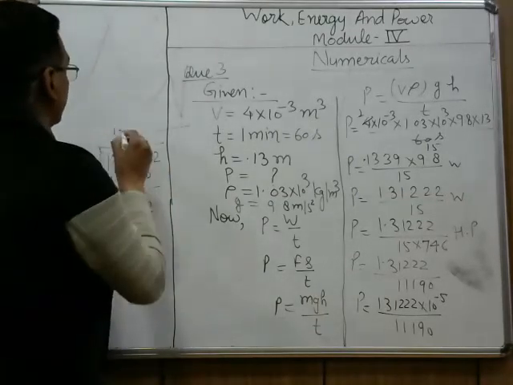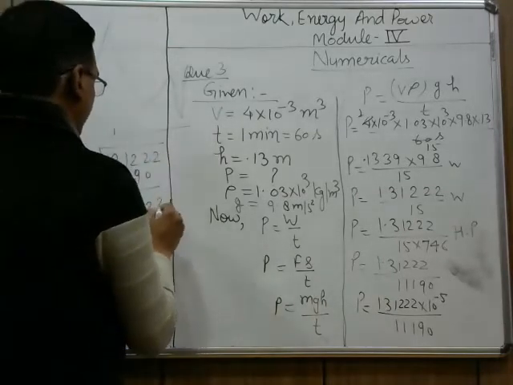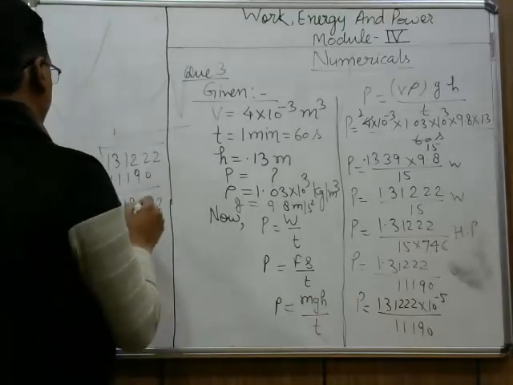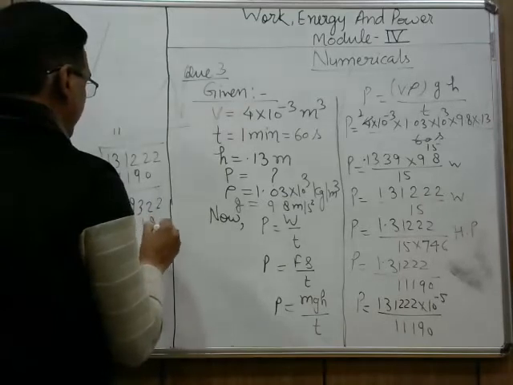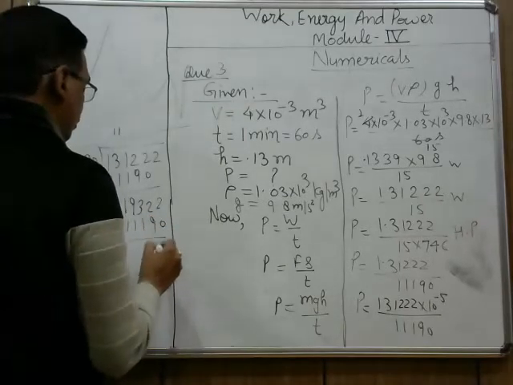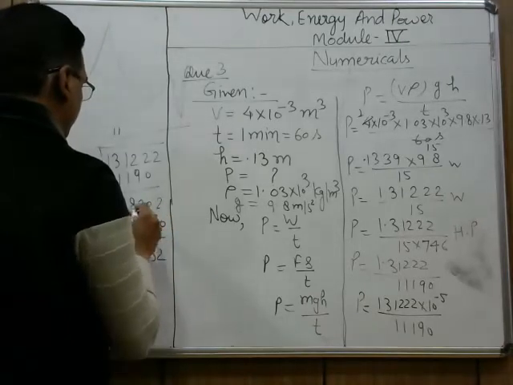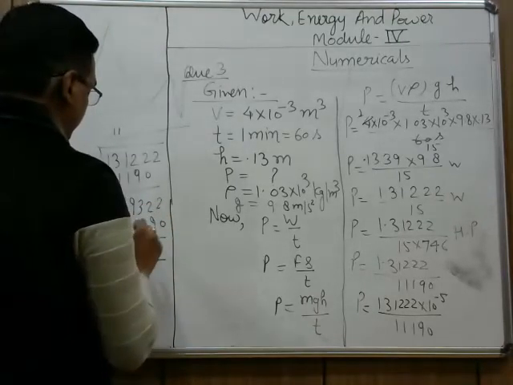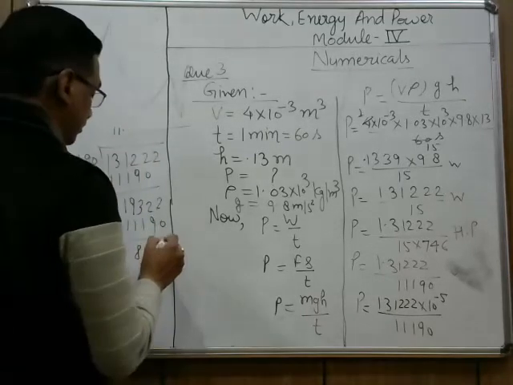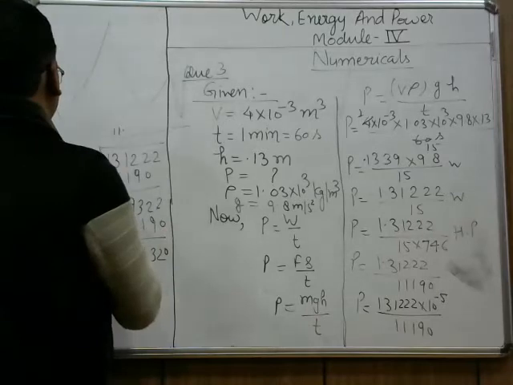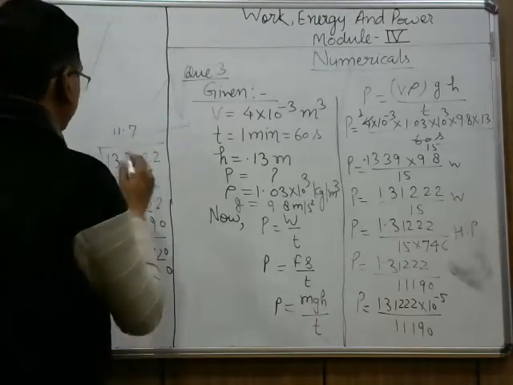Decimal? No. I will carry 2, then again 1 time 11190. This is 2, decimal 0, 7 times 700 0.